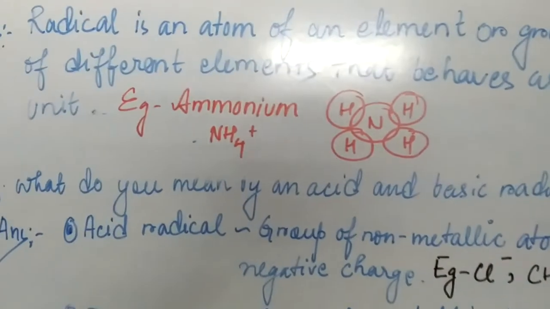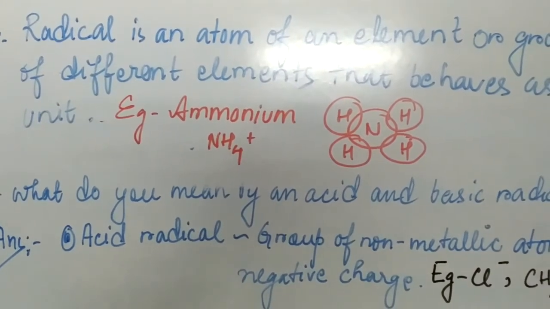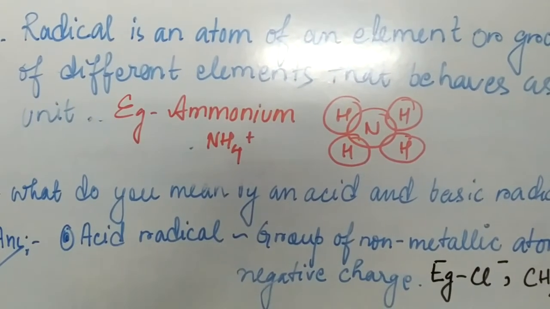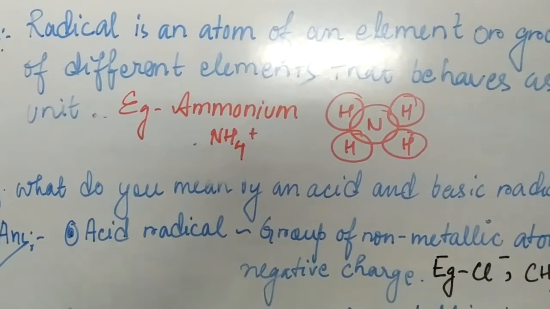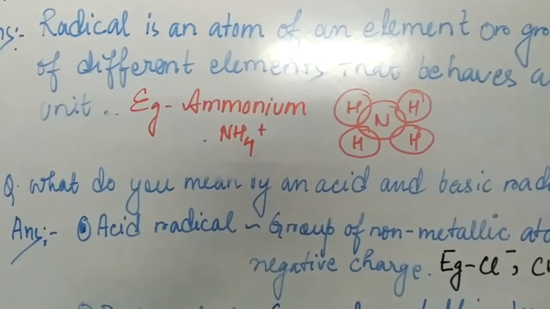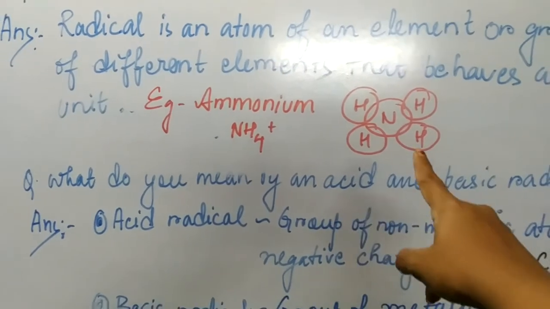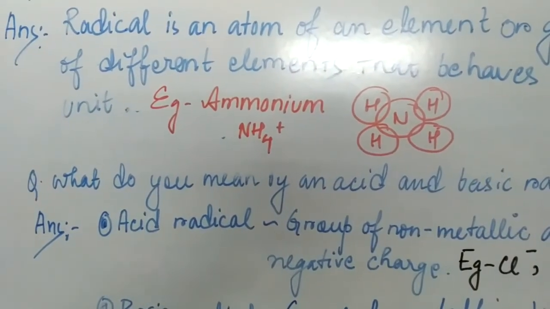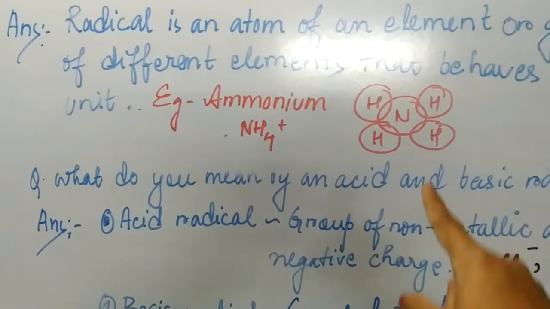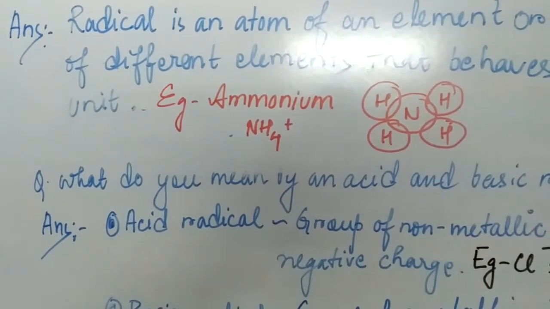Now you can see over here, students, I have taken the example ammonium, whose formula is NH4. Now you can see in this radical ammonium, we have one atom of nitrogen, which is surrounded by 4 atoms of hydrogen.